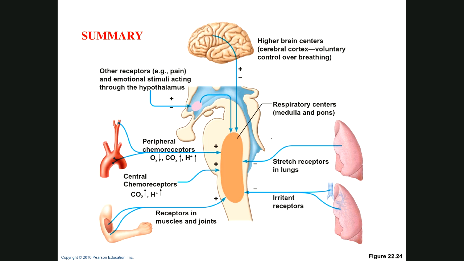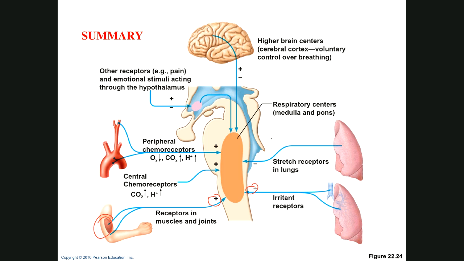Okay, this PowerPoint here is incredibly important because it summarizes a lot of information we've been talking about. All right, so positive means we're going to increase breathing. Negative means we're going to decrease the rate of breathing. So exercise increases the rate of breathing.